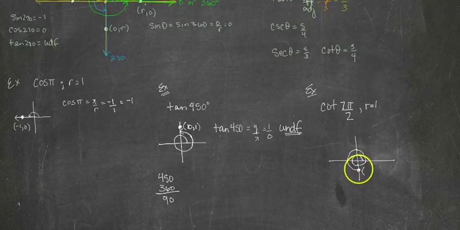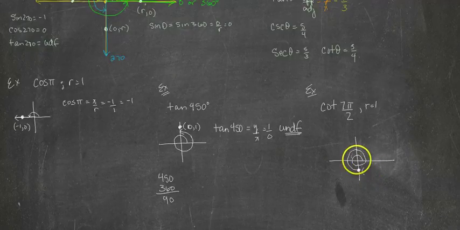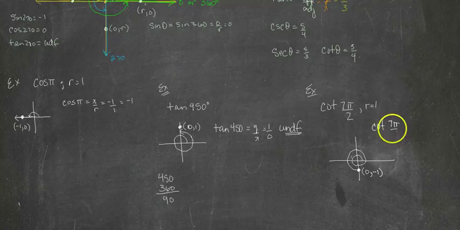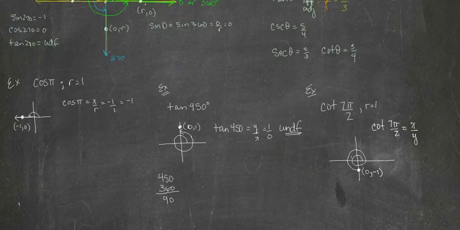If I'm on the negative y-axis, x is 0 and y is negative 1. And so the cotangent of 7 pi over 2 is, well, cotan is the inverse of tan, and so that's x over y. X is 0, y is negative 1, and so 0 is the cotangent of 7 pi over 2.